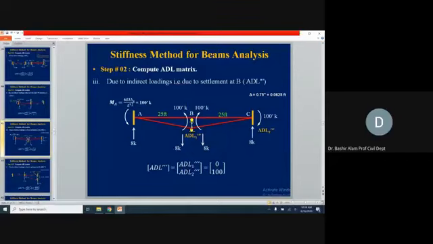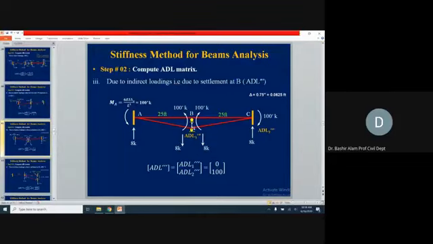Then at the far end, the same direction and same magnitude, so 100 we have here also. Now we need to find the balancing couple. 100 plus 100, 200, is the unbalanced moment. We balance it by the couple, divided by the moment arm, which is 25. So 200 divided by 25 is 8 kip, the clockwise couple. So we found all the member end actions for member AB.